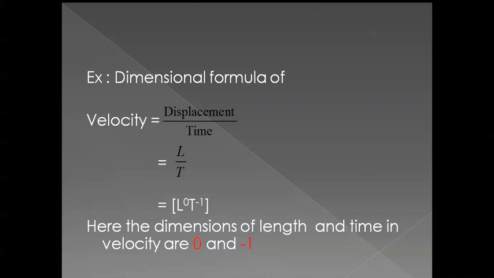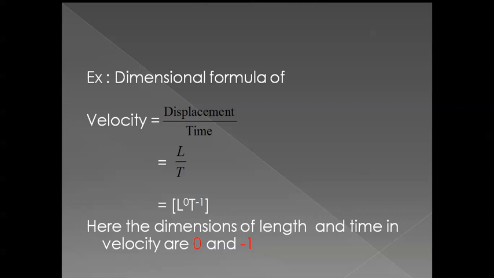See this. So the dimensions of length and time in velocity are plus 1 and minus 1.